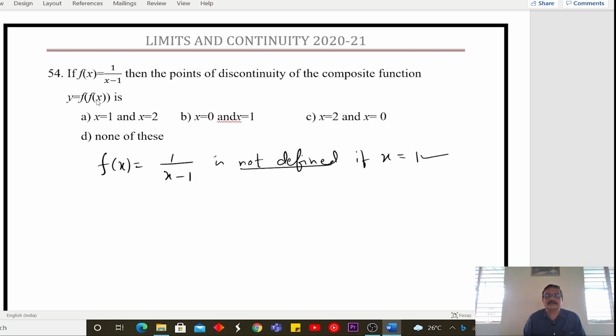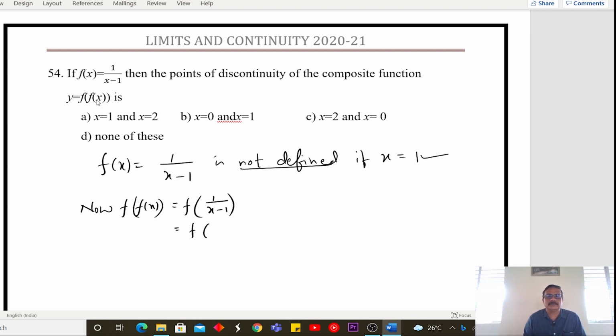So ಹಾಗಾದರೆ ಯಾವುದಾಗುತ್ತೆ ಆಪ್ಷನ್? ಆಪ್ಷನ್ ಎ ದಲ್ಲಿ x equal to 1 ಇದೆ, ಆಪ್ಷನ್ ಬಿ ದಲ್ಲಿ x equal to 1 ಇದೆ. ಇನ್ನೊಂದು ಪಾಯಿಂಟ್ ನೋಡಿ. This is f of x. Now here f of f of x, what is f of x? That is 1 divided by x minus 1.